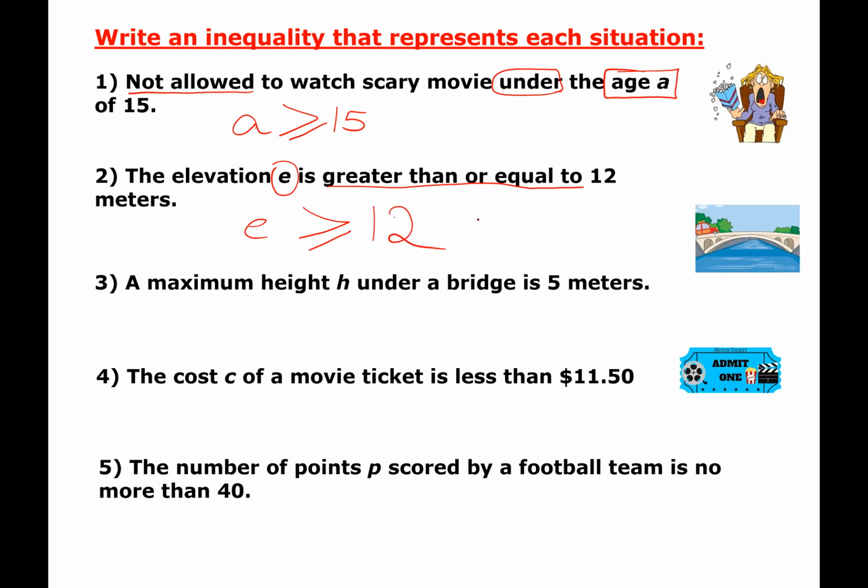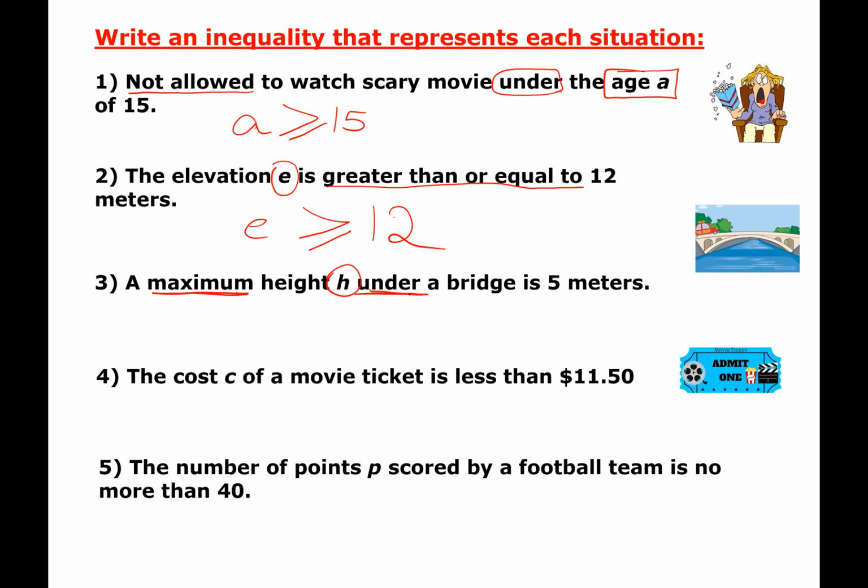Okay, question 3. A maximum height H under a bridge is 5 meters. Now, in this case, some students would go, there's 2 keywords, maximum and under. But we will focus on the maximum height because they are explaining the height. So they said that the maximum height under the bridge is 5 meters.